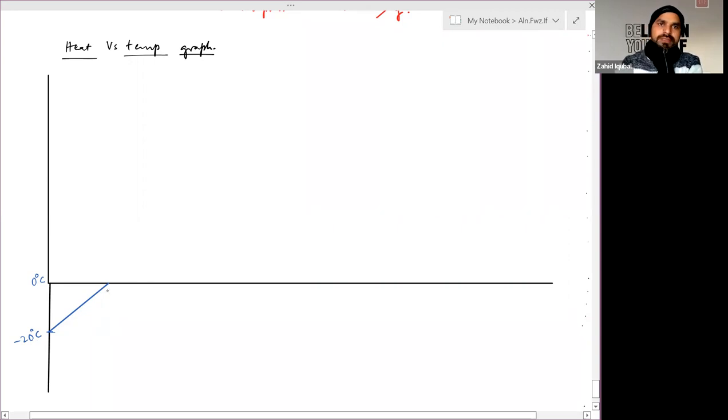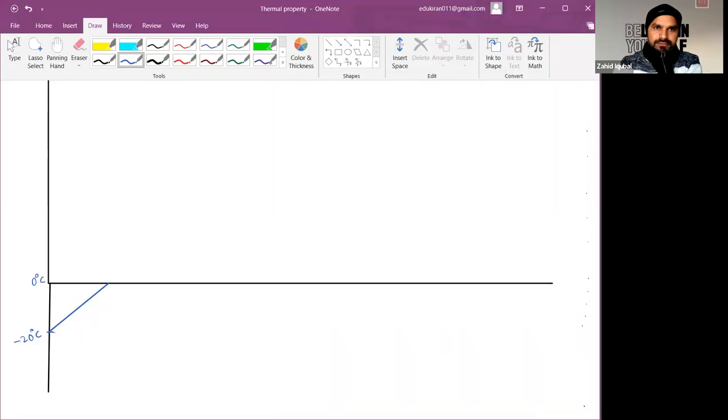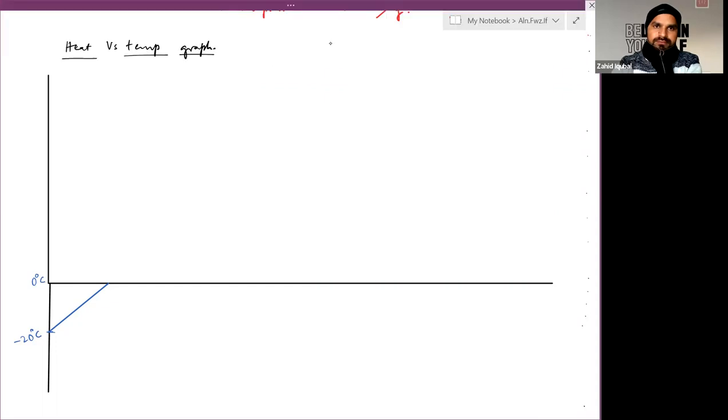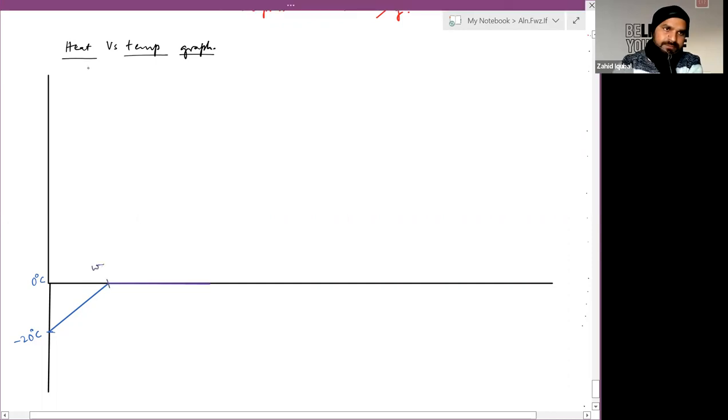Now at this point, it will tend to change state from ice to water like this. So at this point, it is in ice.